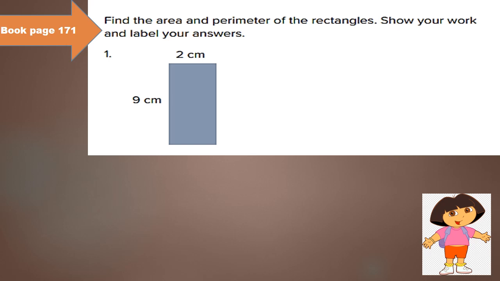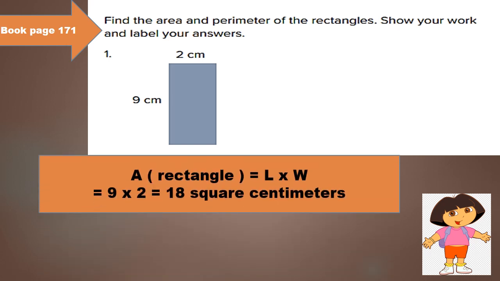Another example, find the area and perimeter of the rectangles. Show your work and label your answers. Number 1, we have a rectangle. Its length is 9 cm and its width is 2 cm. Let's get the area of the rectangle. Length times width. 9 times 2 equals 18 square centimeters.